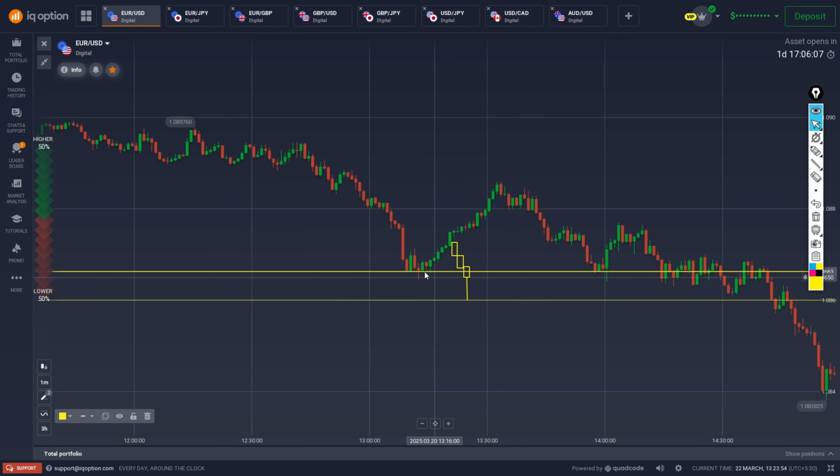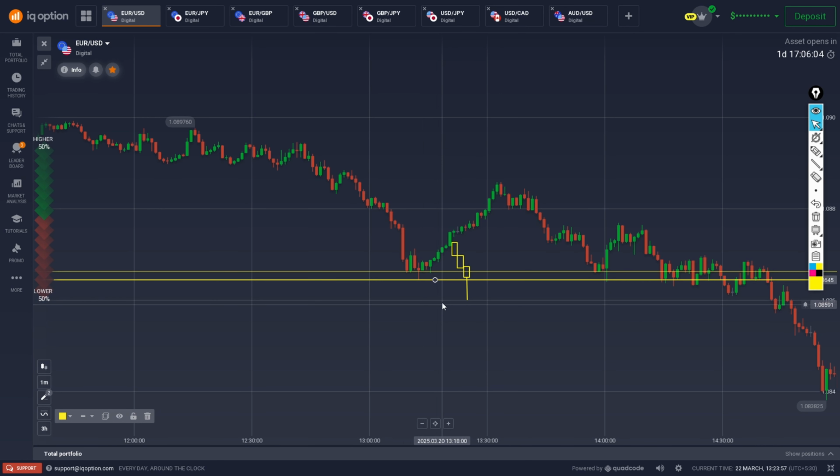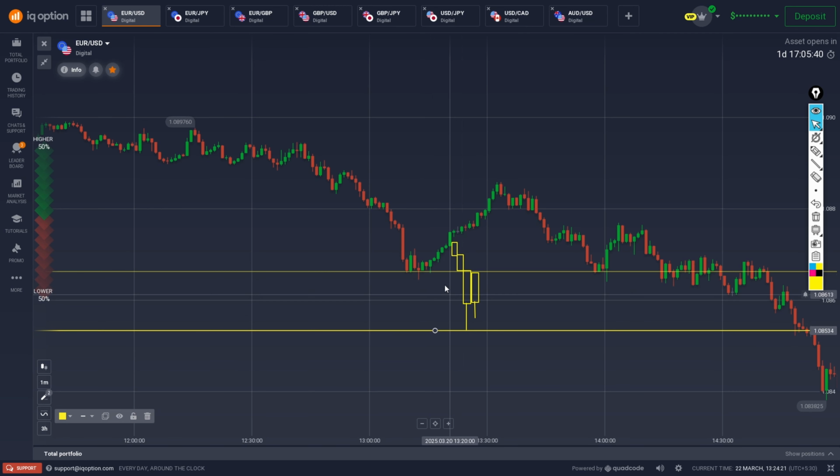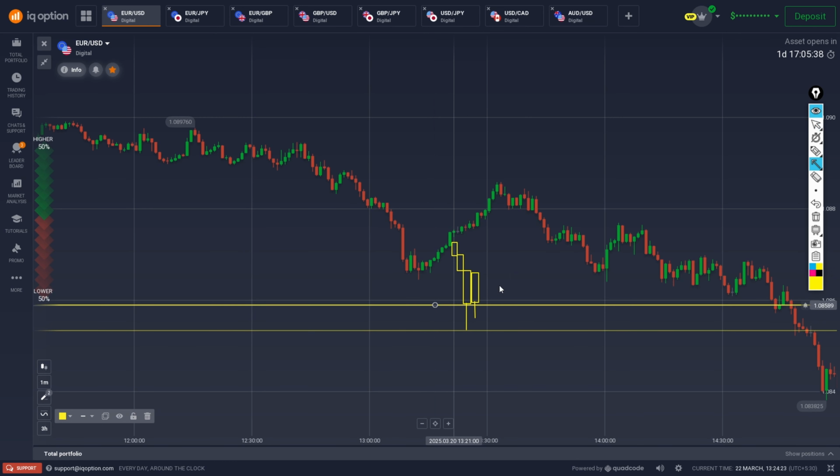Similarly, if price moves like this, it goes down, it breaks the level clearly, but the next candle comes back inside like this, which means this was actually a fake out, and you have this wick or this wick also. What will you do? You will simply update the zone like this, because this was not a clear breakout, this was a fake out setup.